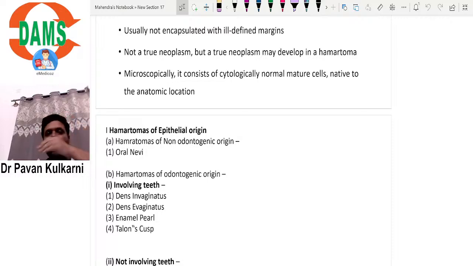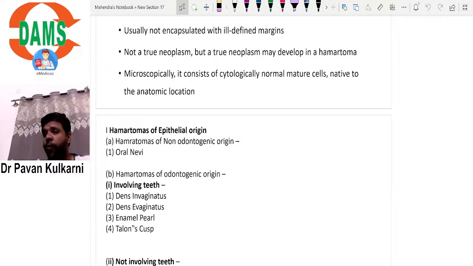Now understand here, one thing I have told you: hamartomas will regress spontaneously. Nevi has got different types, and broadly, I'll not go into details of this. There are intramucosal nevi, blue nevi, and junctional nevi.